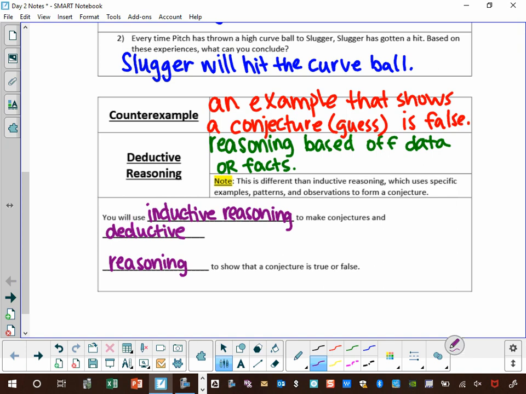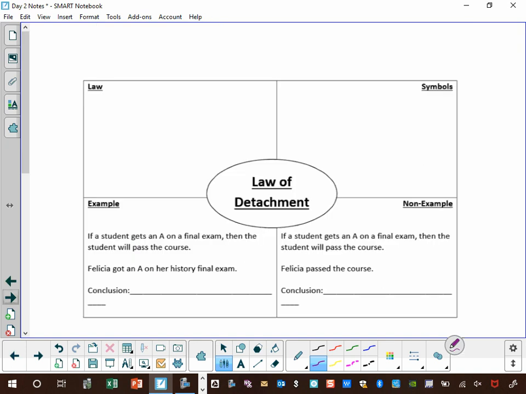Okay, so we have some vocab words again. We have law of detachment and also law of syllogism. These two things are also on the back of your cheat sheet. So we're going to fill this in.